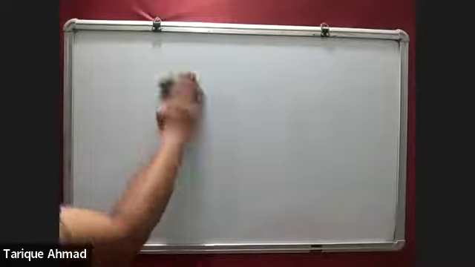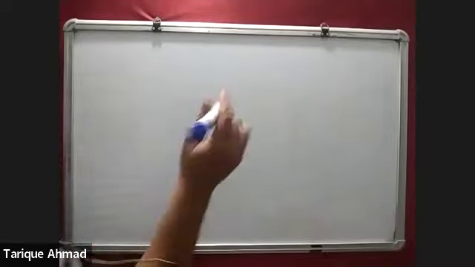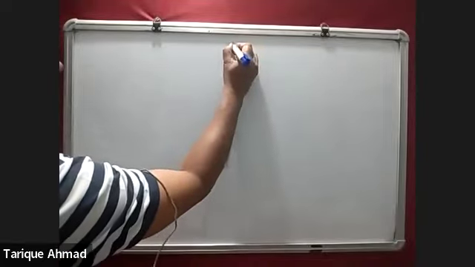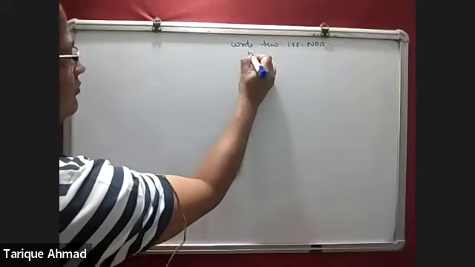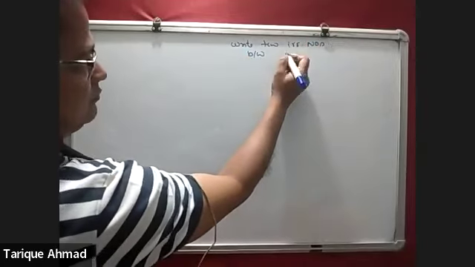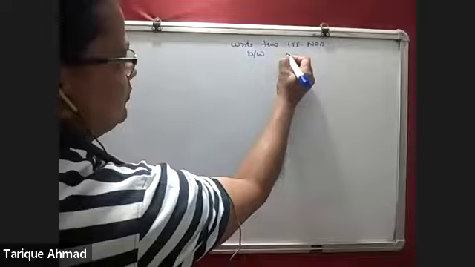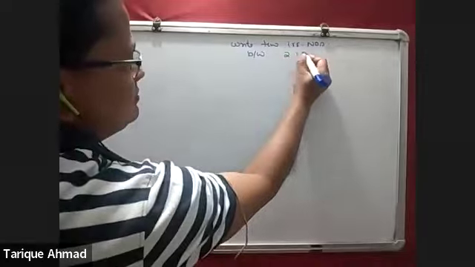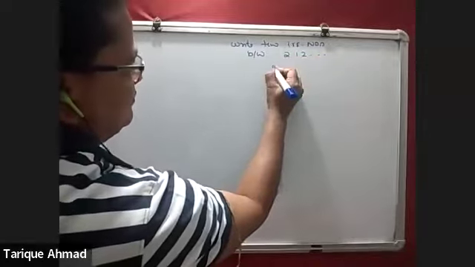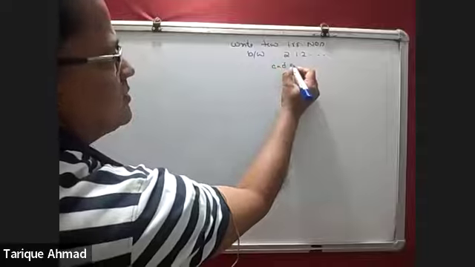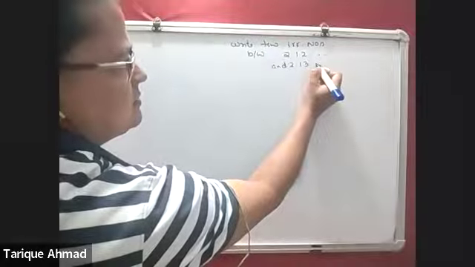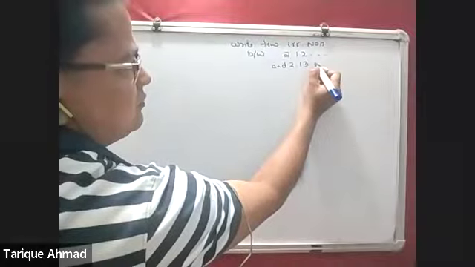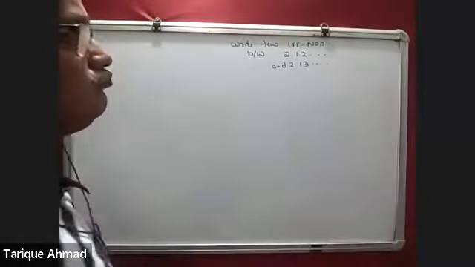Now, one question is, write two irrational numbers between 2.12 dash dash dash and 2.13 dash dash dash.